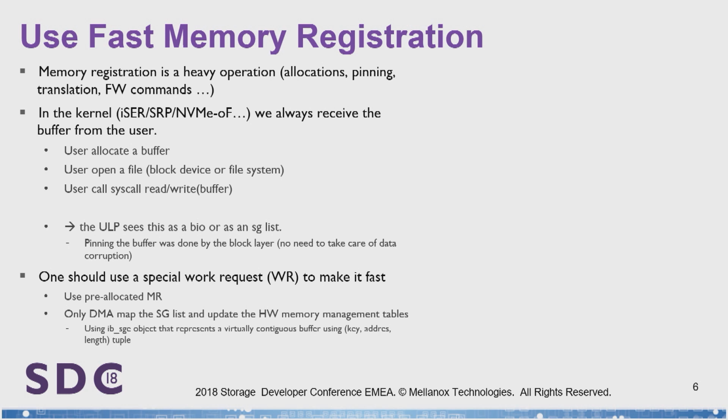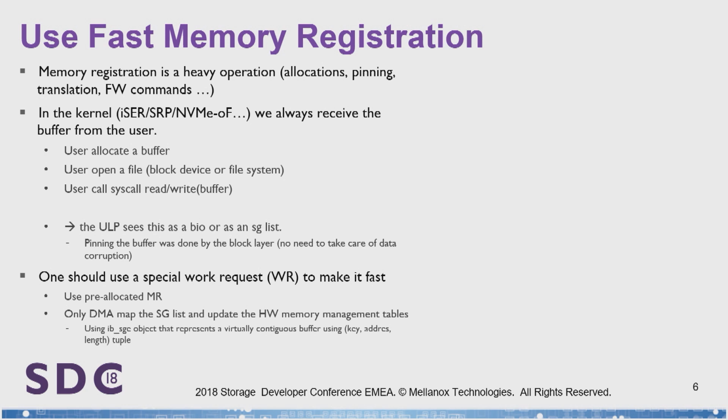For example, in kernel space, we receive the buffer from the user, and the user allocates the buffer and passes it to the kernel using a system call. And the block layer provides this buffer in an object called a BIO, or a scatter gather list. It also pins the pages to the RAM and makes sure that there will not be data corruption.